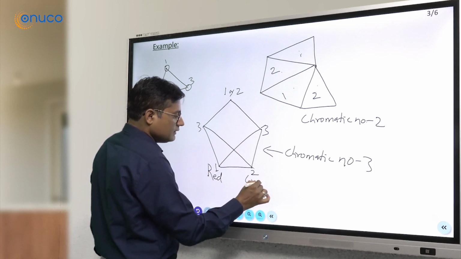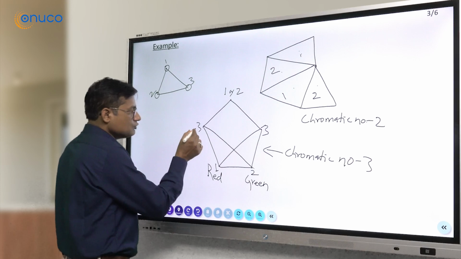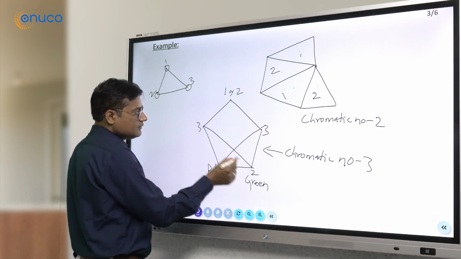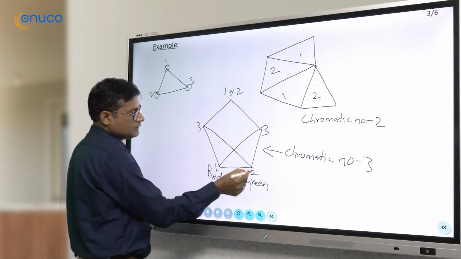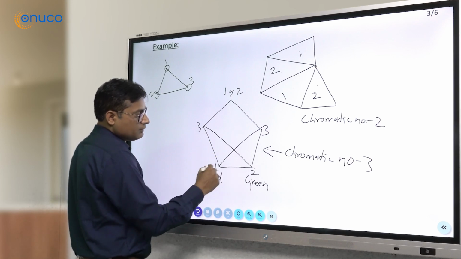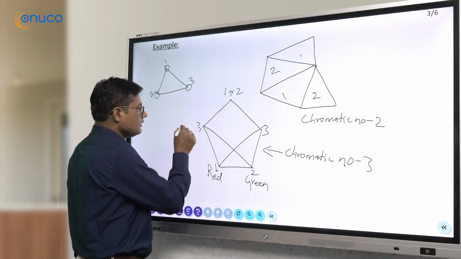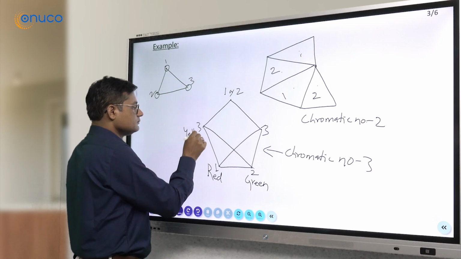Now we can go with green. Can we use green here? No, because it is also connected, the second and third nodes are connected. So we have to go with a different color. So red, green, and say here we go with yellow.